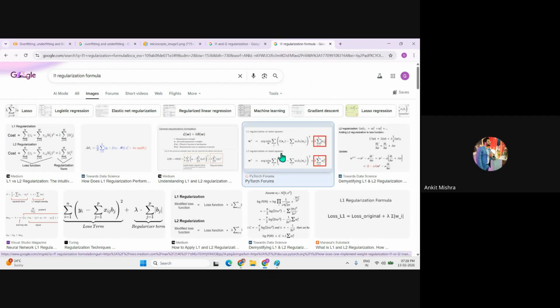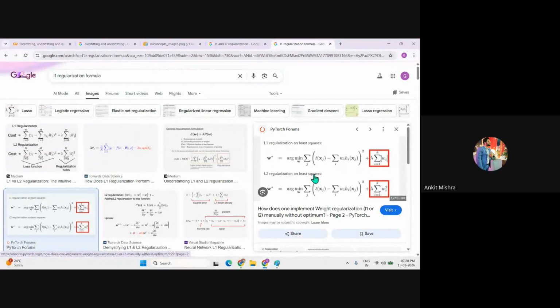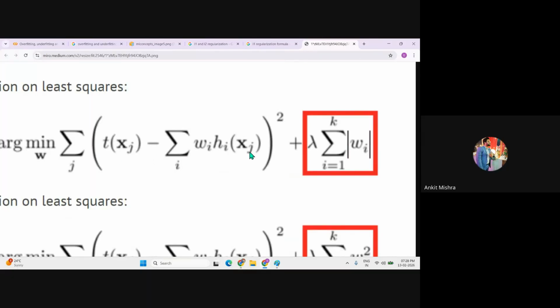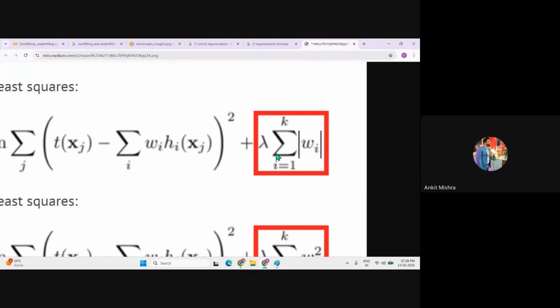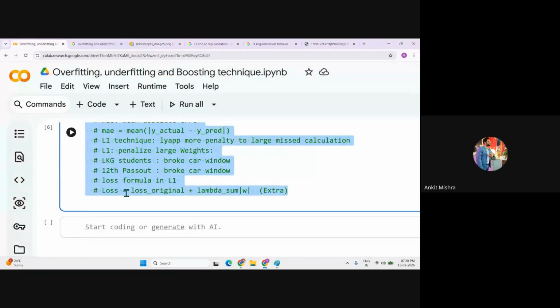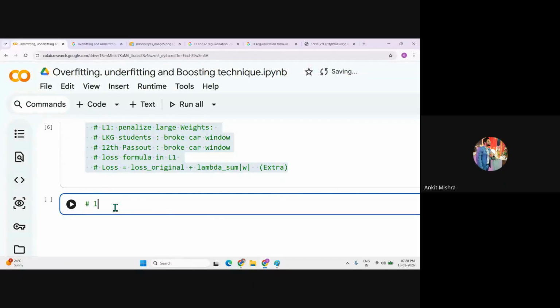Yeah, this is the actual formula, right? So we are adding, see, this is the previous weight, and we are adding some extra lambda parameter with some sort of weight assigned, right? This is called the L1 technique. Now let's understand the L2 technique. This L2 technique, we refer to as regularization technique 2.